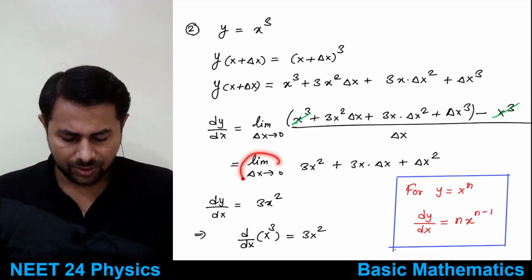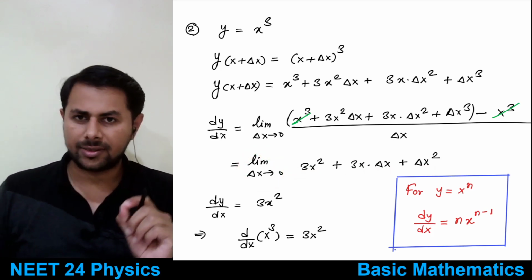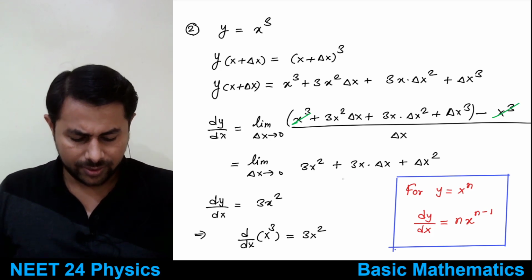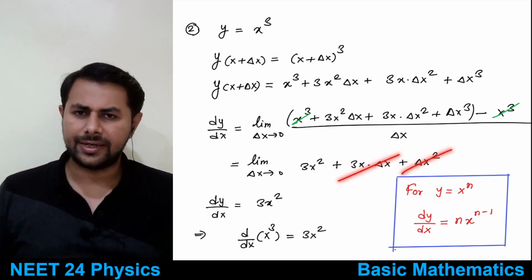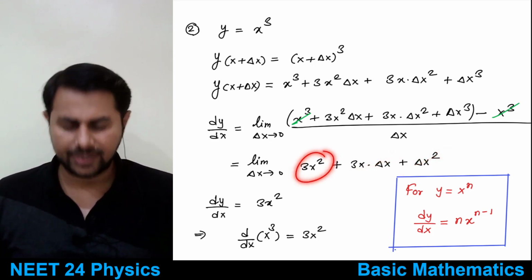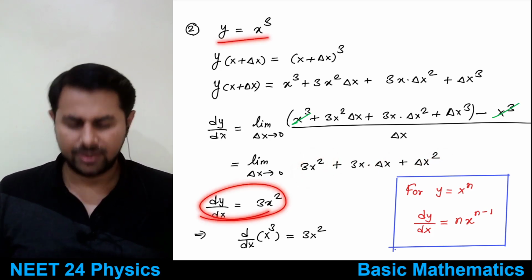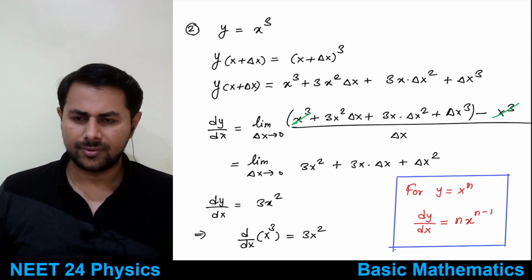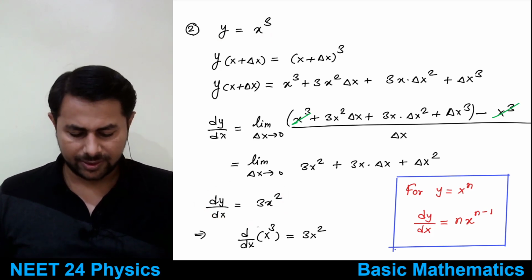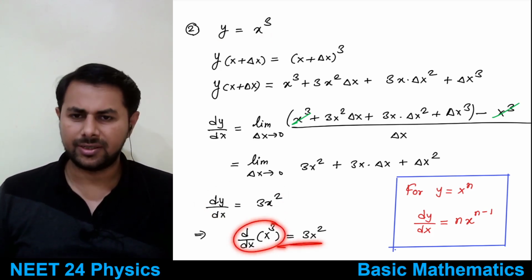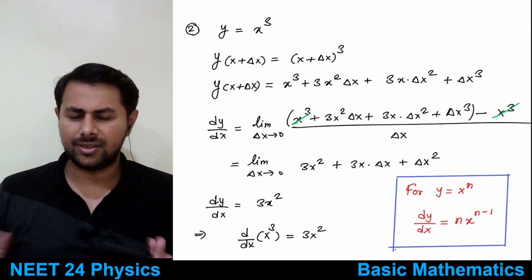And again you apply the limit that your delta x is very, very small. So the terms containing delta x get cancelled out and you get 3x square. So the derivative of x cube is 3x square, right? This is clear?